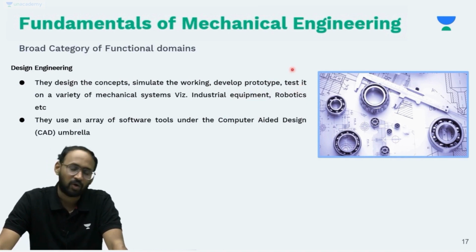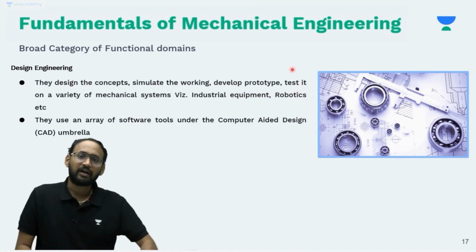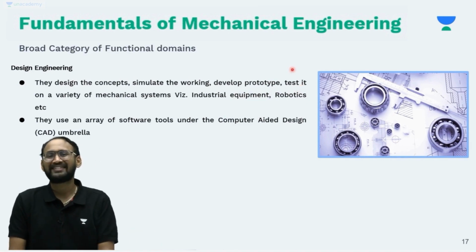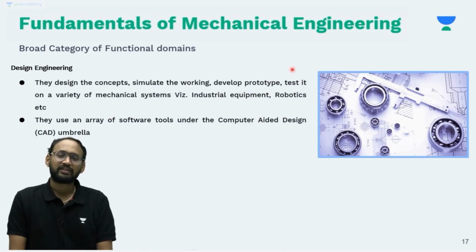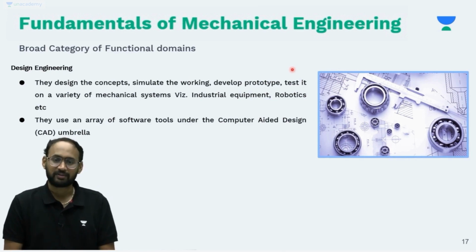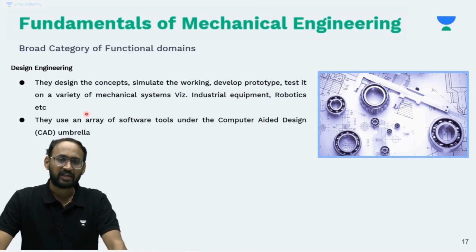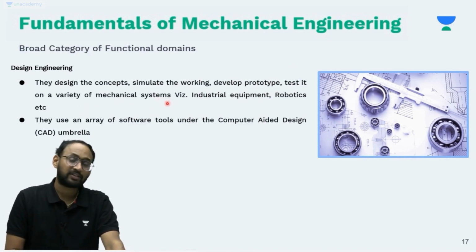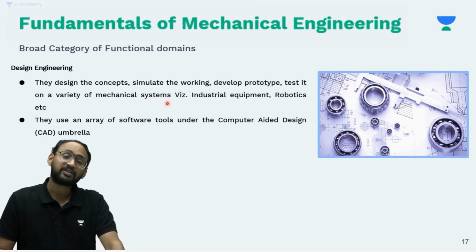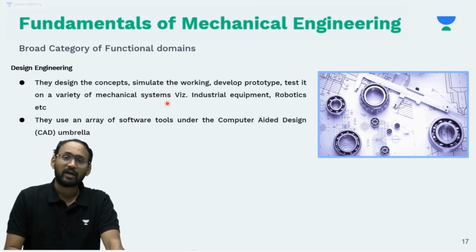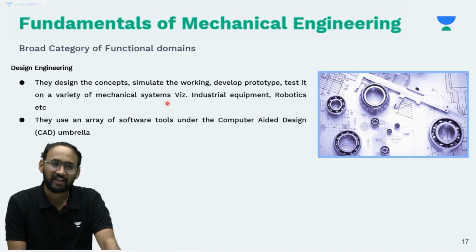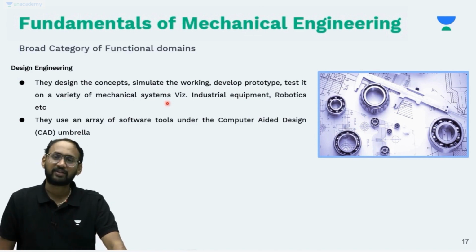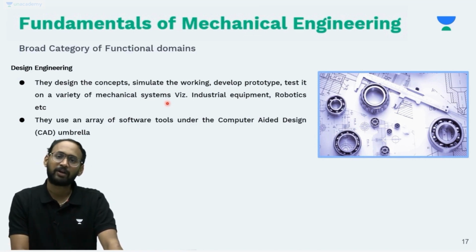You could do functional testing, and also safety testing to make sure it's safe for the end users. You test it on a variety of mechanical systems or on different test rigs, and you derive the product characteristics or the working characteristics of the particular product.